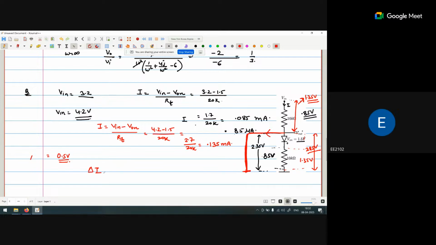If del of V is, I say this is the A resistance, so del of VA is 0.5. So what is del of IA? 0.5 divided by 10k. Yes, sir. So it is around 500 microampere.